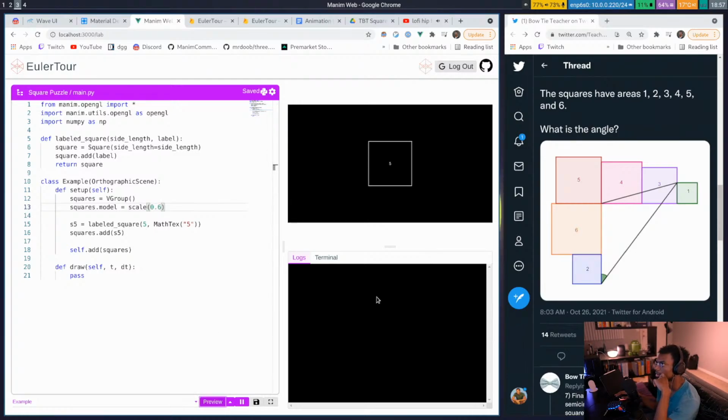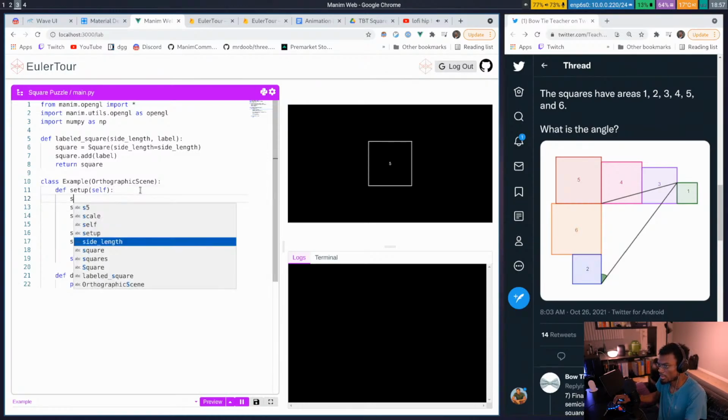That scales the number 2. Can I do this without updating the number? I guess it's... No, I actually don't think I can. That's unfortunate.